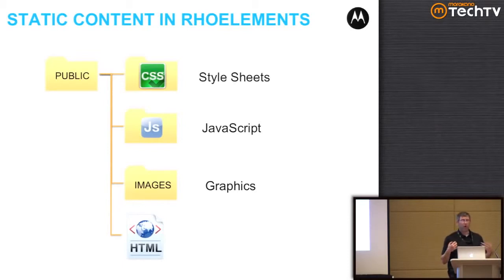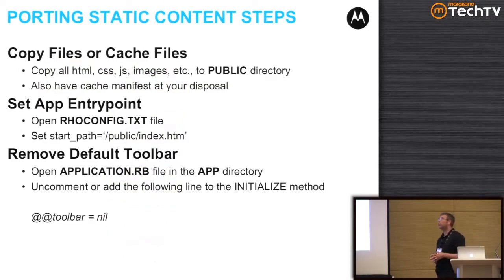what I'm going to talk about first in terms of us taking our static web application and bringing it into a RhoElements project is you are going to basically take your files underneath your public directory, and you're simply going to copy it into our public directory, okay?